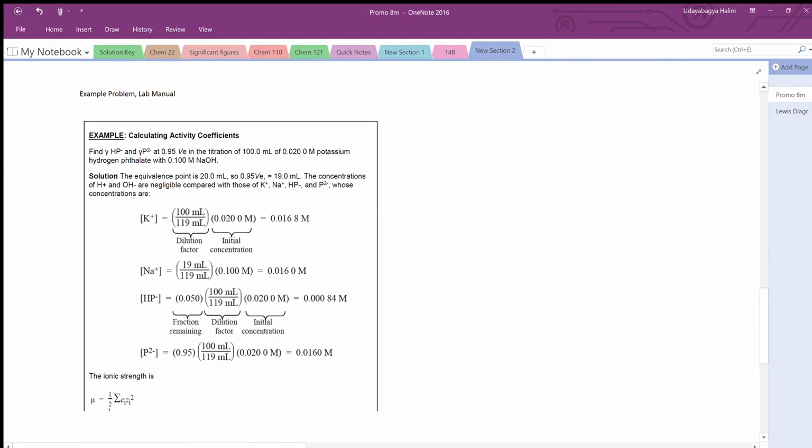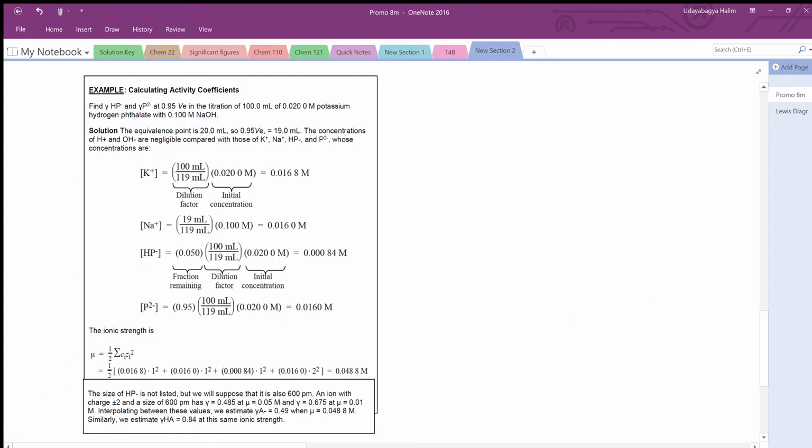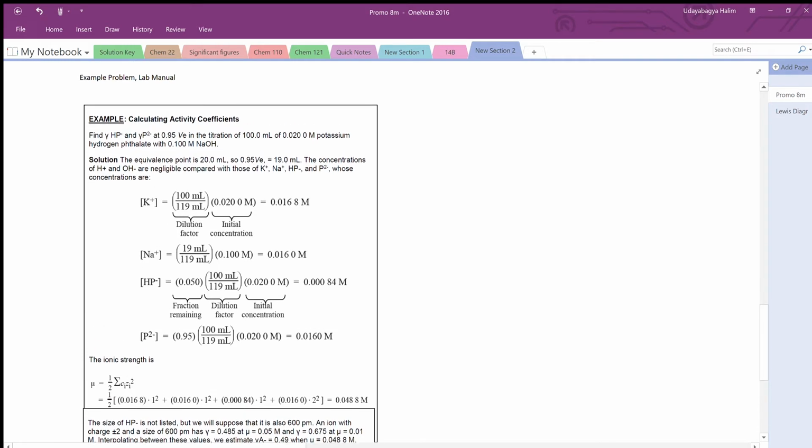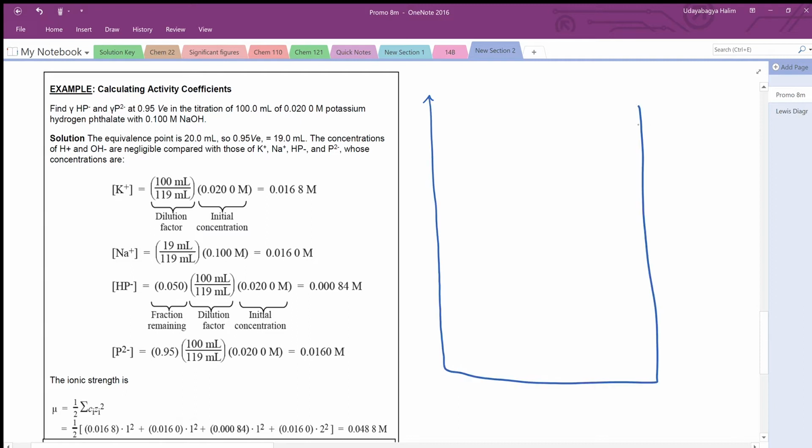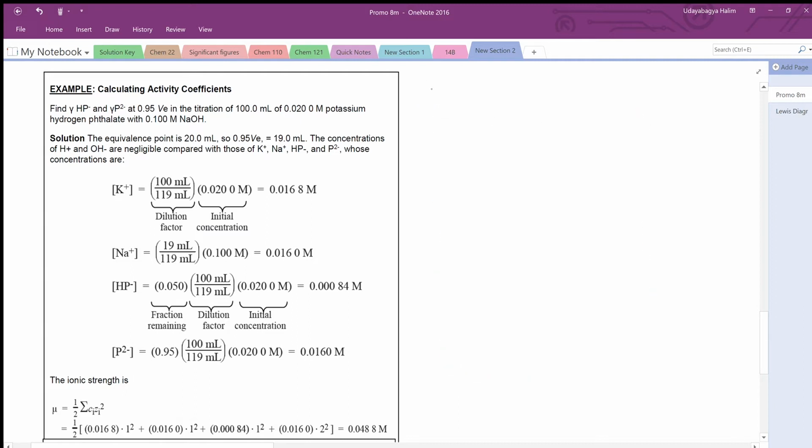So let's do an actual example calculation. We're going to do the 95% equivalence volume, but instead of writing everything in terms of equivalence volume, I want you to look at what we actually have inside our solution. So this is our beaker.